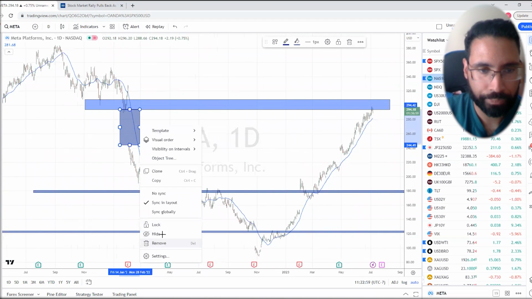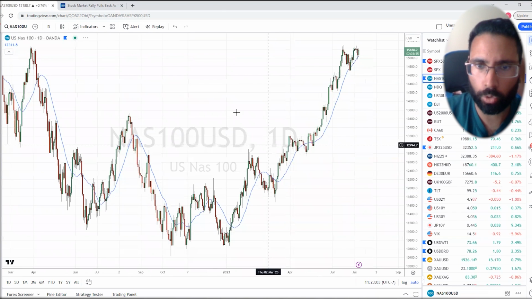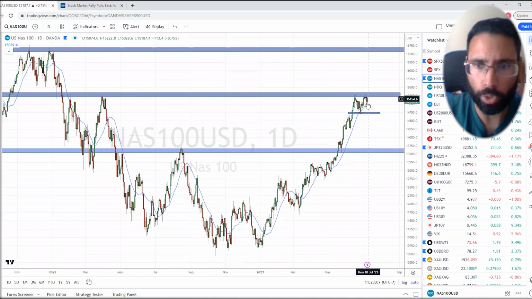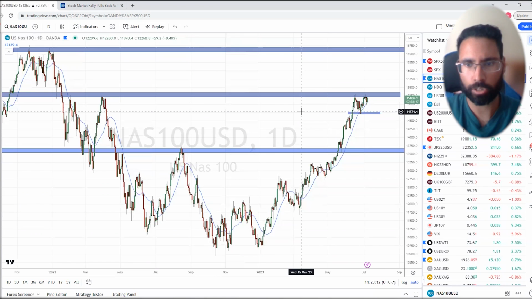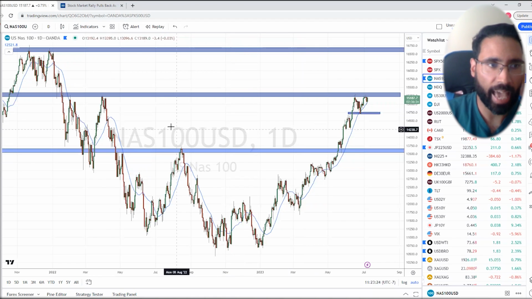But once again, a lot of it will also depend on the Nasdaq, because just like Meta, we are also testing that resistance zone. So if you see this combination of a breakout on the Nasdaq and a breakout on Meta as well, it'll be very, very bullish for Meta and, I'd say, tech stocks in general. But where Meta is, as I said, that gap is a very, very important technical zone.